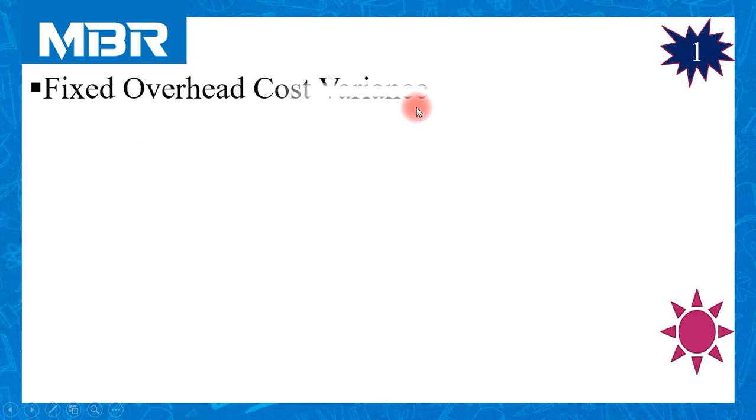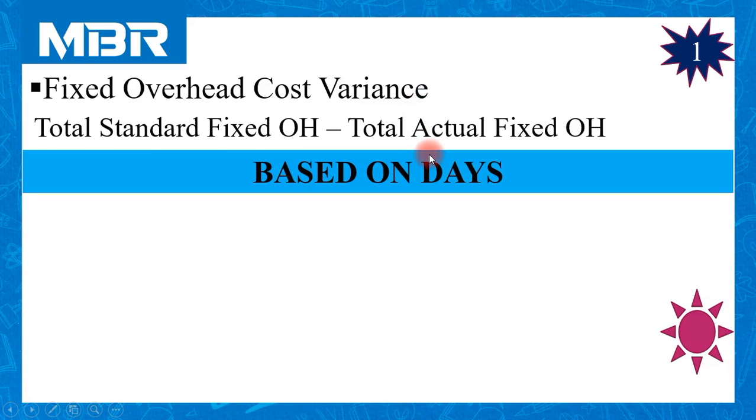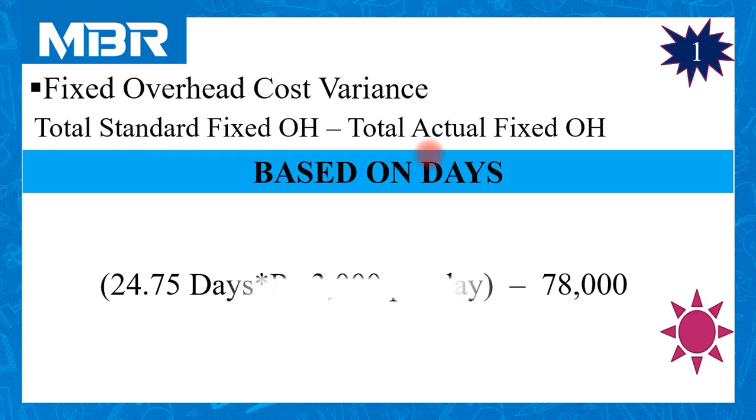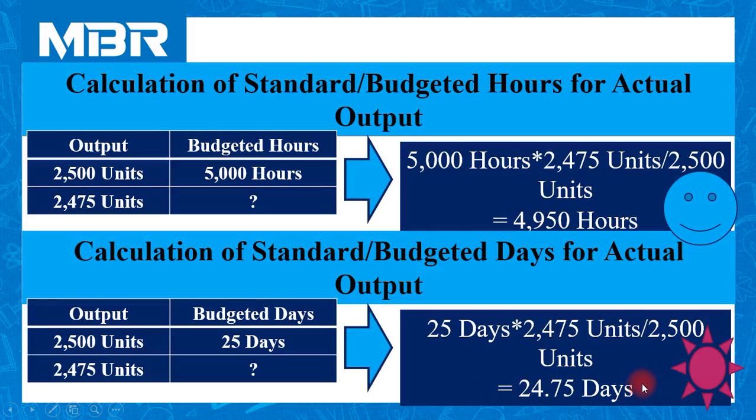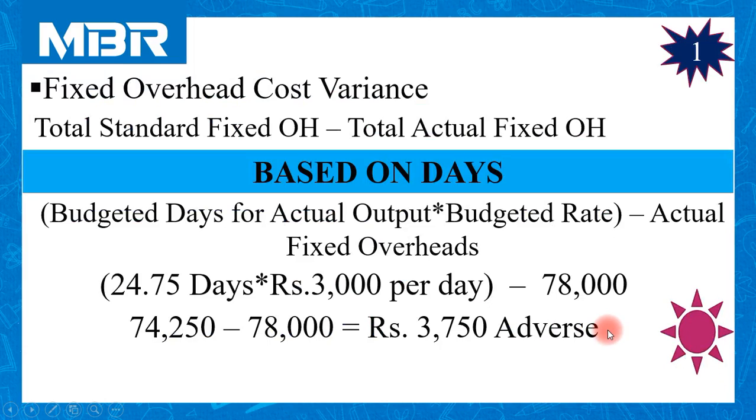Let us move towards the third method of calculation. It is based on days. Very simple formula: budgeted days for actual output multiplied by budgeted rate minus actual fixed overheads. 24.75 days that we have calculated before starting the calculation of variances is available to us over here. So 24.75 multiplied by 3,000, amount 74,250.